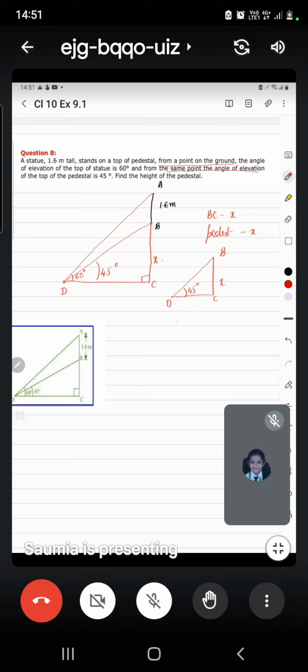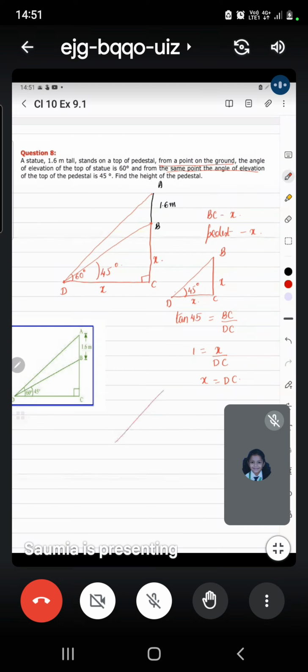So now I'm going to use tan 45 in this. What is tan 45? 1. Yes. So you will get that x is equal to DC. That means this is also x.